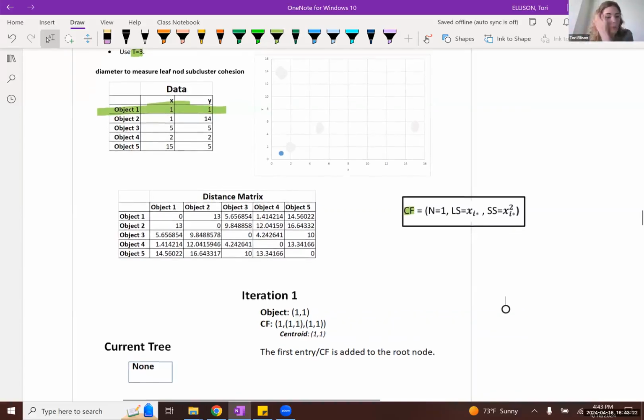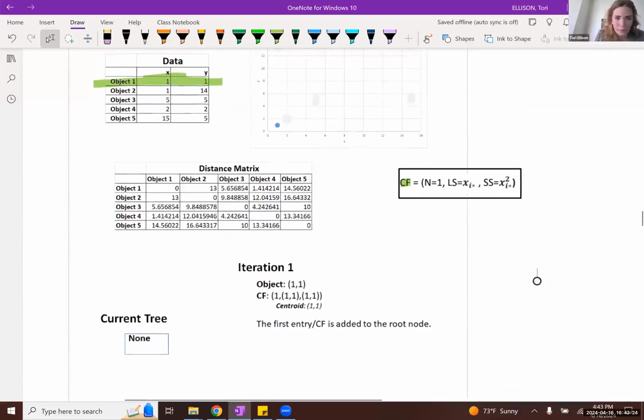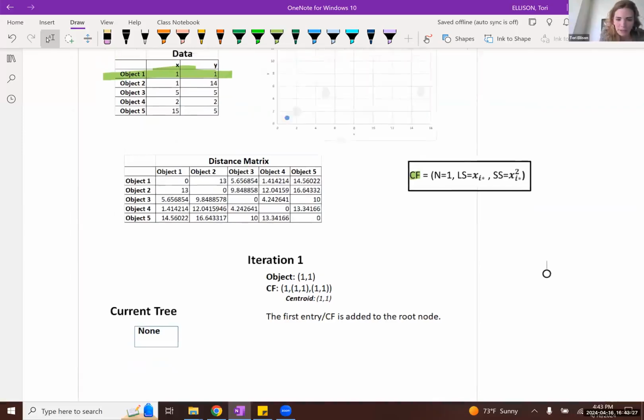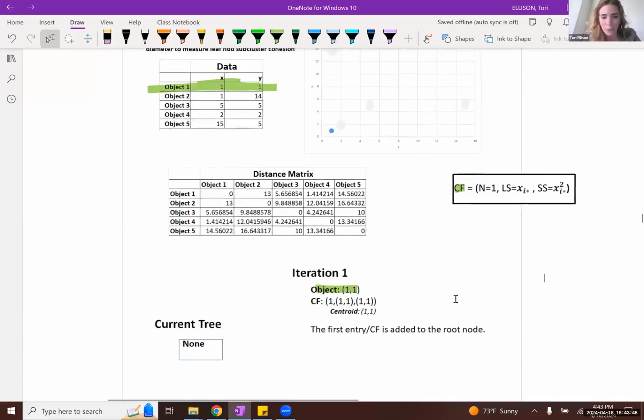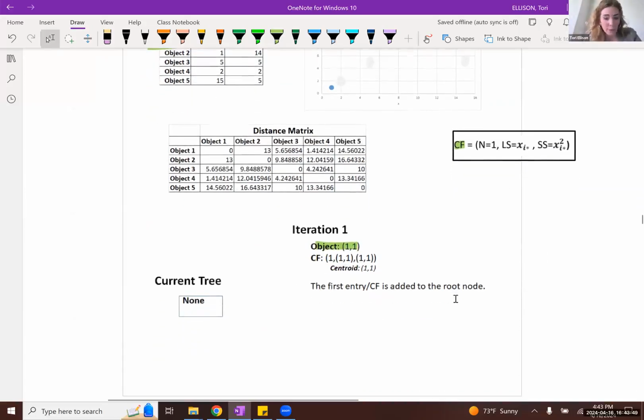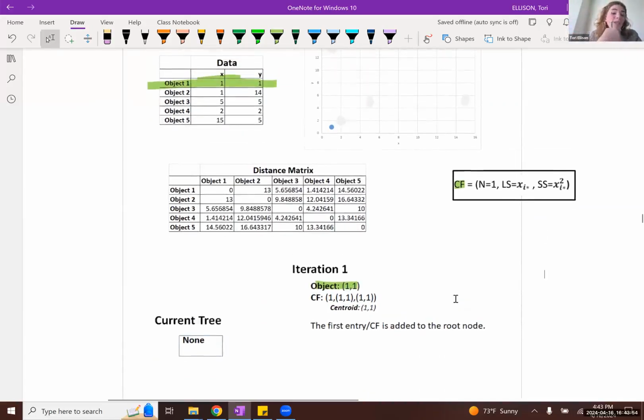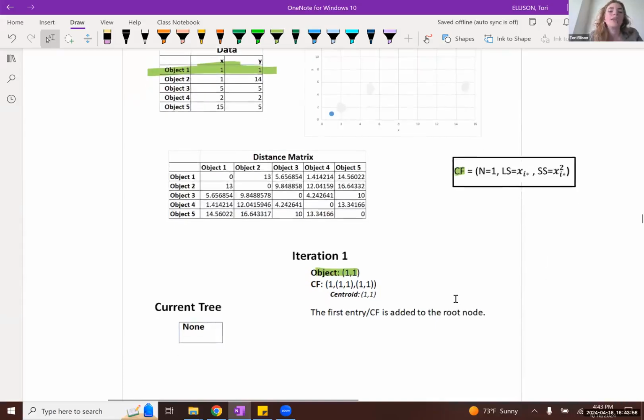Okay. So, starting with our object 1, 1, we would represent its corresponding clustering feature as a cluster with just one observation. Its linear sum is simply the point itself, and its squared sum is technically 1 squared and 1 squared, but that just ends up being 1. In this first observation that's added to the tree, there's actually nothing you really need to do. The tree currently doesn't have any nodes.